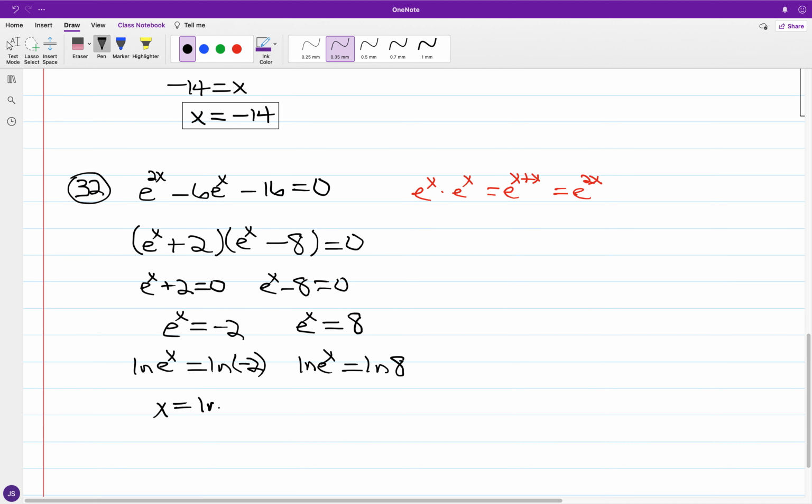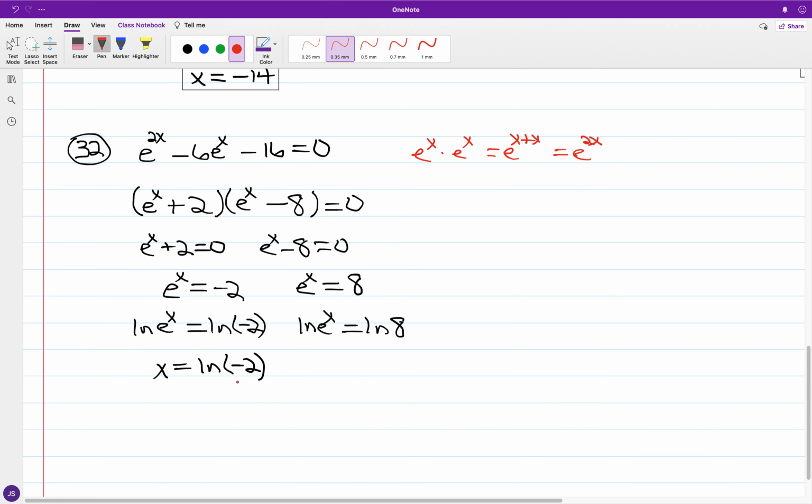I got x equal to the natural logarithm of negative 2. But again, to be defined, the argument has to be a positive value. And because of this, for this attempt at x, there is no solution. It's because of the negative.